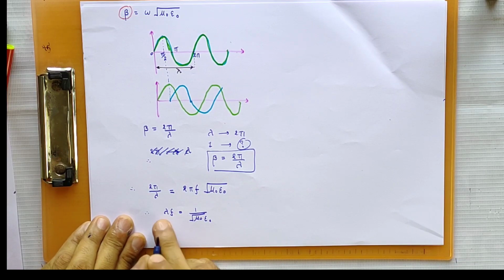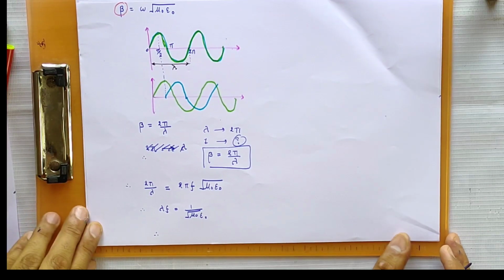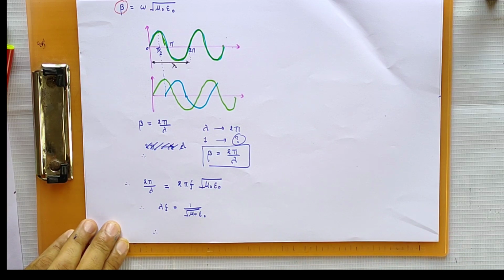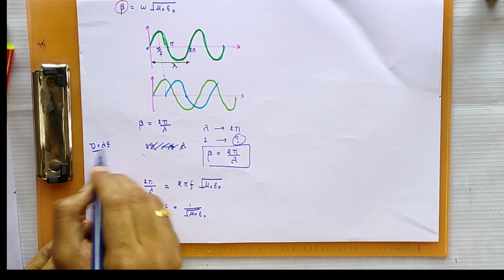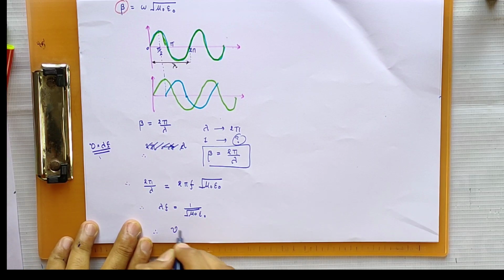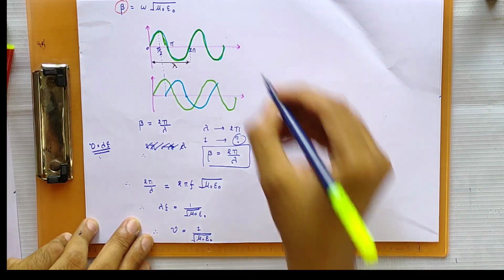Wavelength times frequency is nothing but velocity. The velocity of light, c or v, is equal to lambda f, which is the velocity of the electromagnetic wave in free space: v is equal to 1 upon under root of mu 0 epsilon 0.